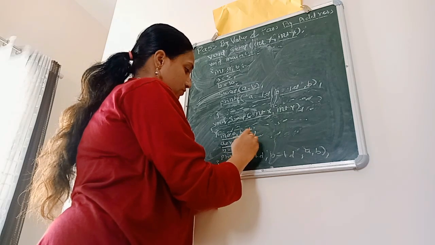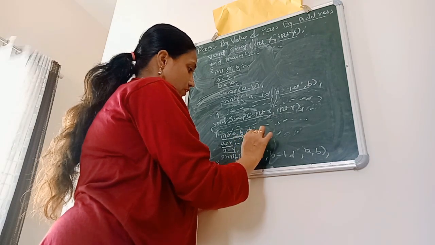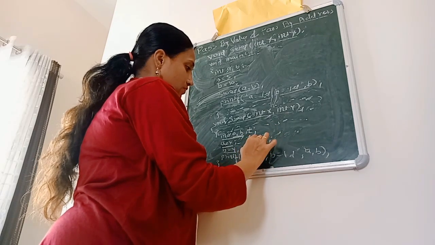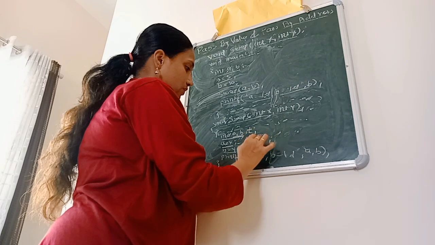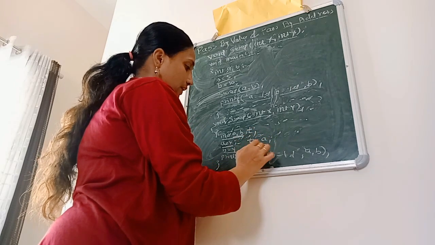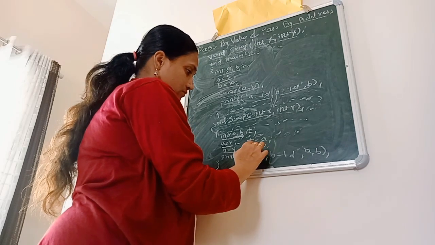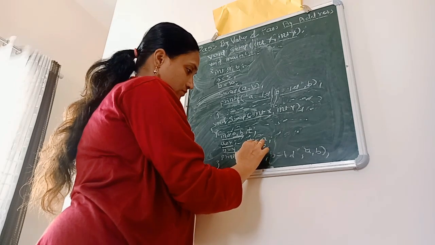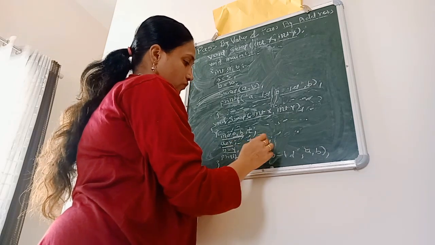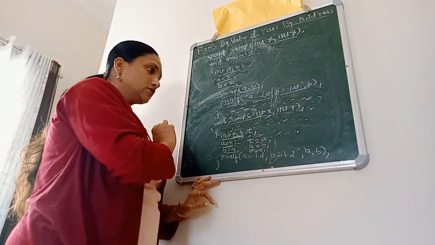Now how will we exchange it? t equals a. Now a's value goes to t, a equals b, b's value goes to a, then b equals t. So we are exchanging the values of a and b, and let us run this program.